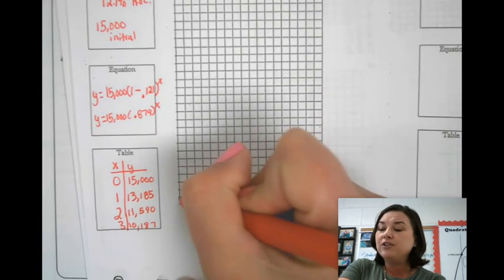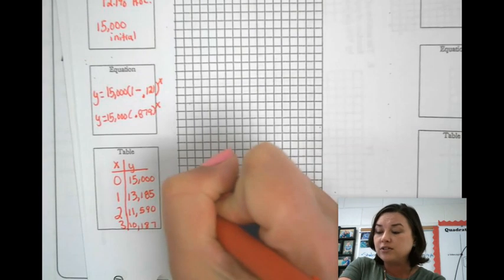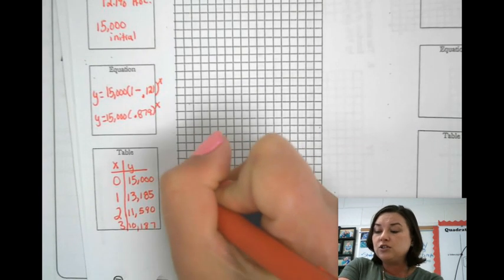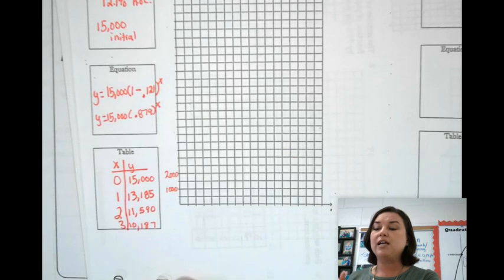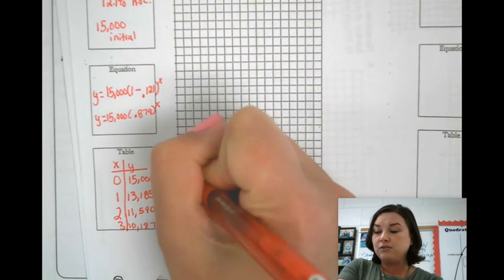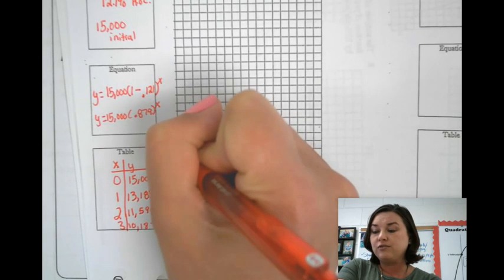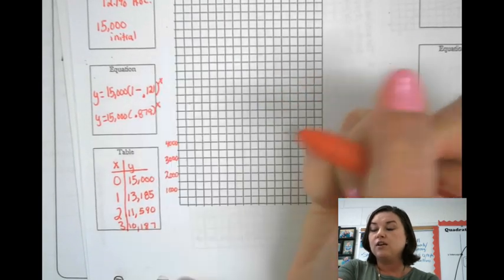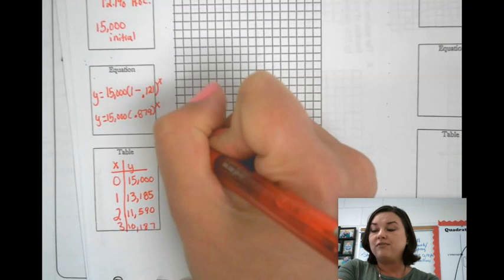So this will be 500, and then I'm going to label this one 1,000. 1,500, 2,000. So I'm just labeling every other one by 1,000. 2,500, then 3,000. 3,500, 4,000. 4,500, 5,000.